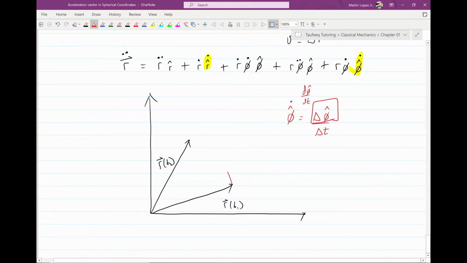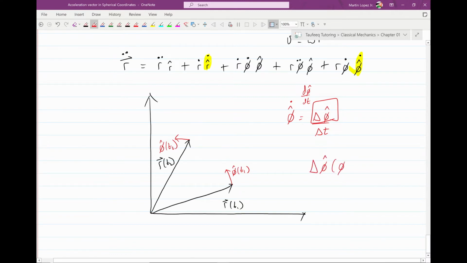Let's look at what phi hat looks like so we can see how it's changing. So phi hat is always perpendicular to r hat. Remember, r hat is this way. So phi hat is pointing in this direction for t1, and phi hat is pointing in this direction for t2. Let me move this over here. And we want to find the vector difference between them.